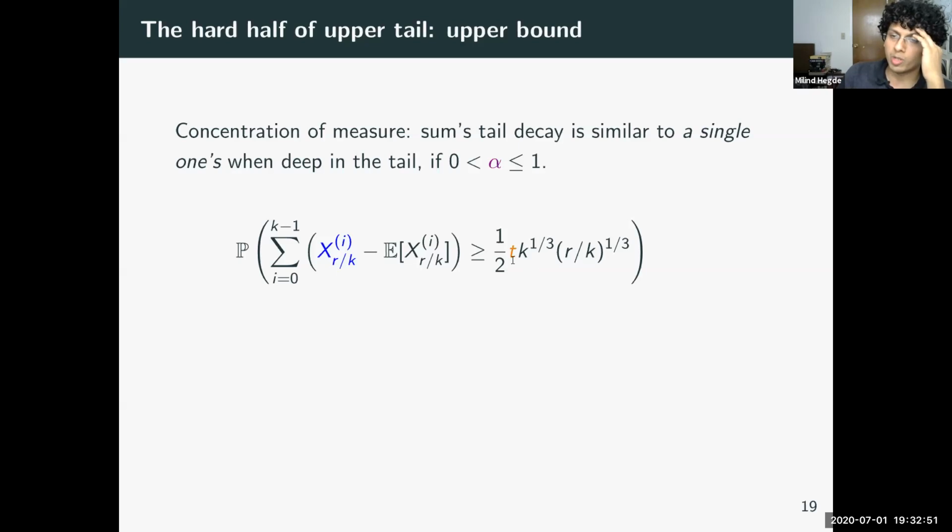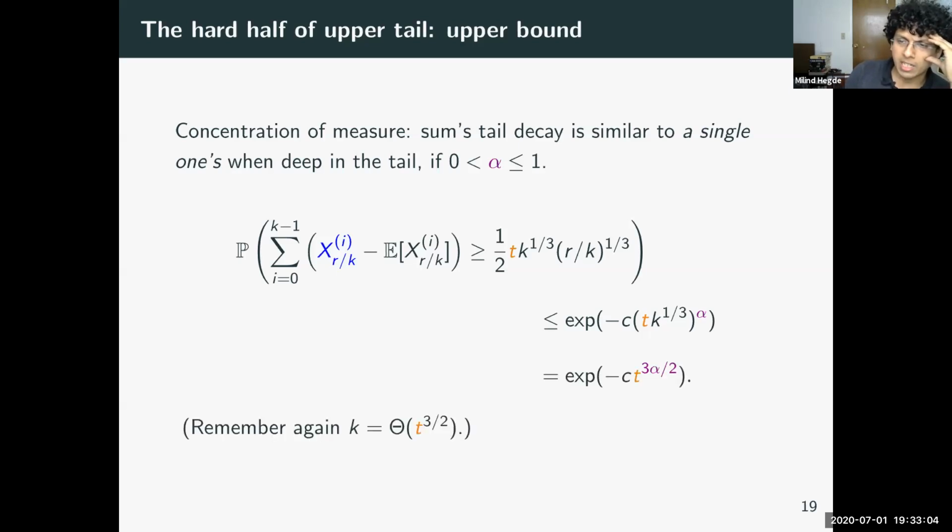And therefore, this probability of being bigger than tk to the 1/3 is going to be at most tk to the 1/3 to the power of alpha, because that's the behavior of a single random variable, right? And now k is t to the 3 over 2. And so this is t to 3 alpha over 2. Right? So we've obtained an improvement in the exponent by a factor of 3 over 2 because of this fact that the sum's tail decay is similar to that of a single one's when you're deep in the tail.